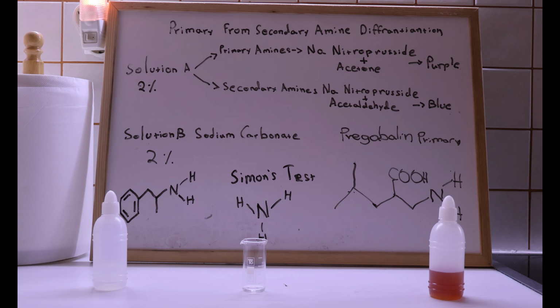Simon's test consists of two reagents, solution A and solution B. Solution A comprises sodium nitroprusside and acetone when searching for primary amines, and when searching for secondary amines, it's comprised of sodium nitroprusside and acetaldehyde. The concentration of sodium nitroprusside is 2%. And solution B is 2% sodium carbonate.